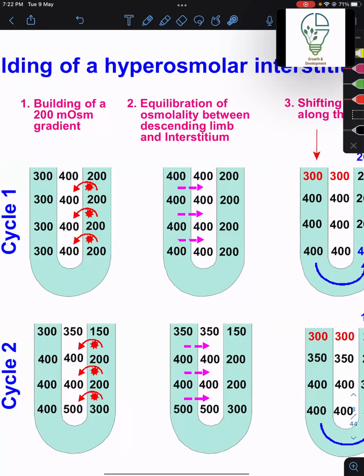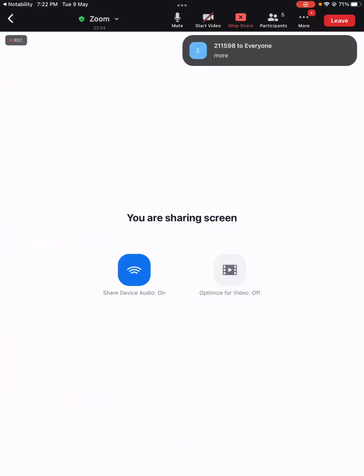And because water is leaving from my tubules into my interstitium, is the fluid over here going to get more concentrated or less concentrated? I'm going to ask that again. Is the tubule in my descending limb, when water leaves, getting more concentrated or less concentrated? More, good.